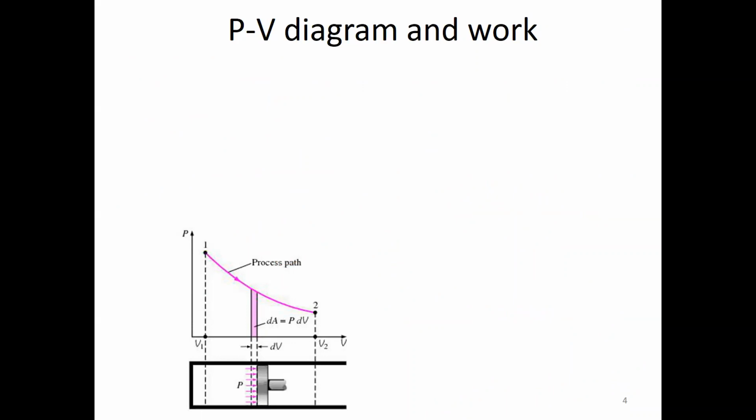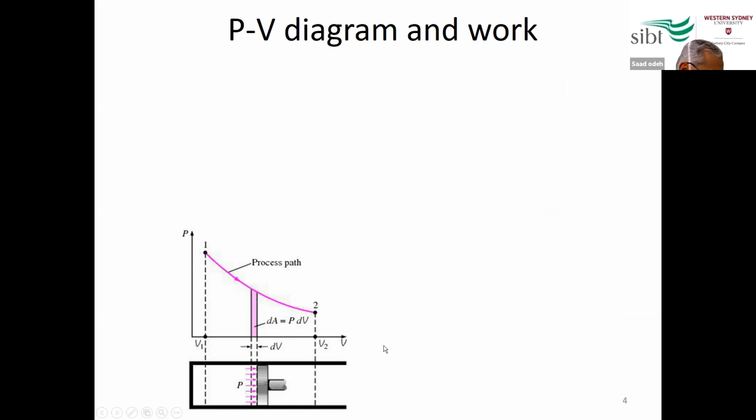Thank you. So now if I want to represent this on a pressure-volume diagram, look at this diagram here. The y-axis represents the pressure, the x-axis represents the volume or specific volume. If the piston is moving to the right side, then I will start from point 1 at this position. This is my initial point.